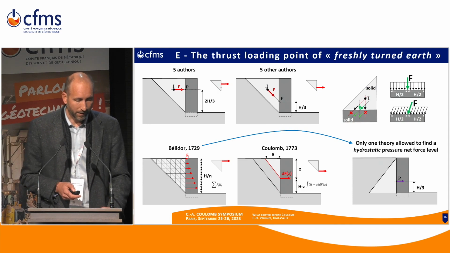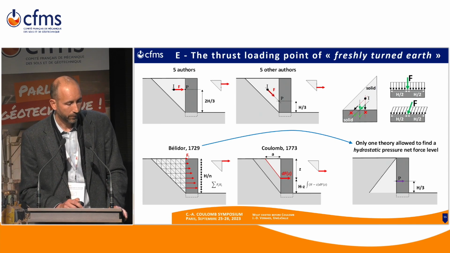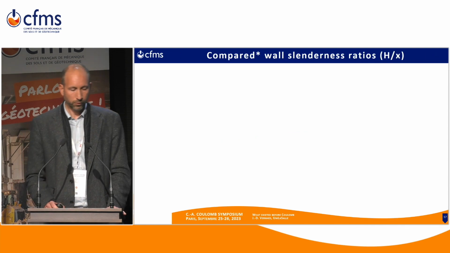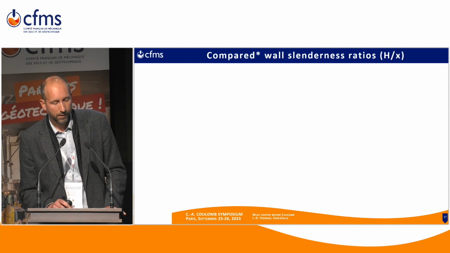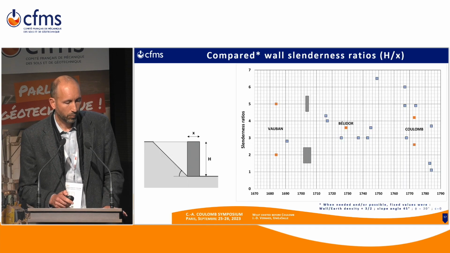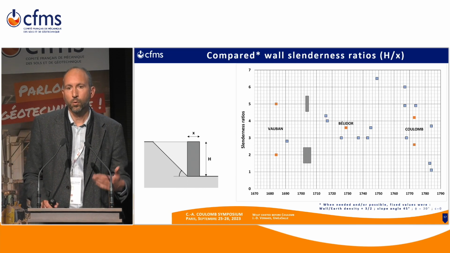So that makes Bélidor's model a very interesting one for the entire 18th century. Before concluding, we could have a look at a very practical aspect of the problem, which is the resulting slenderness ratios obtained with all those theories.